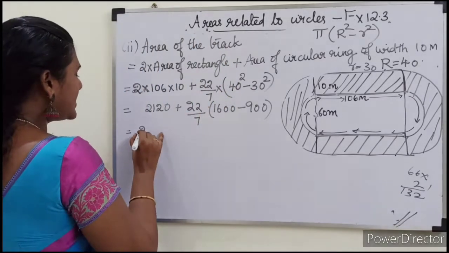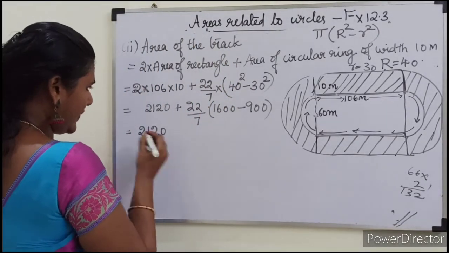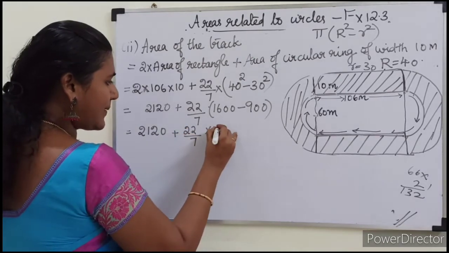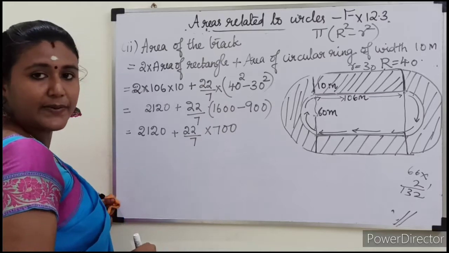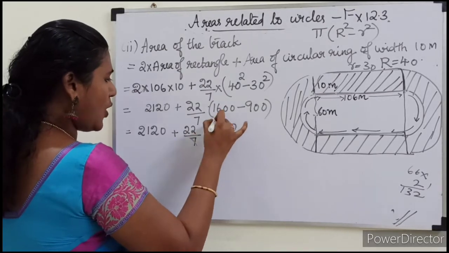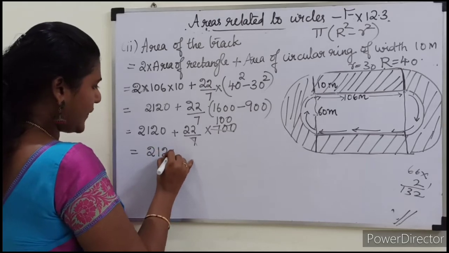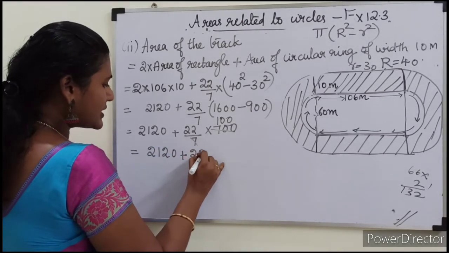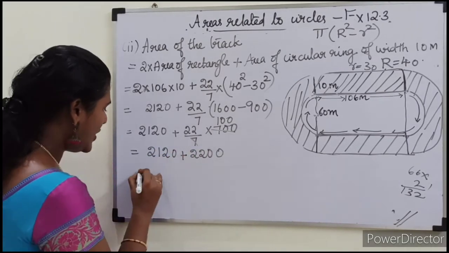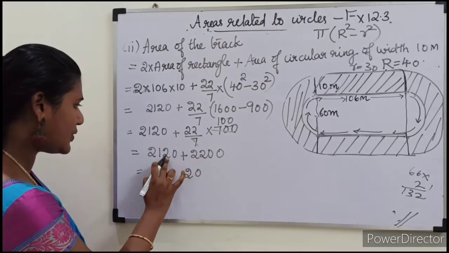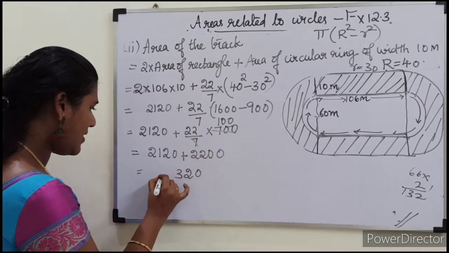So, 2120 plus 22/7 into, if you subtract, you will get 700. So, we can cancel now, you will get 100. That is 2120 plus 2200. So, when you add these two, we get 4320.